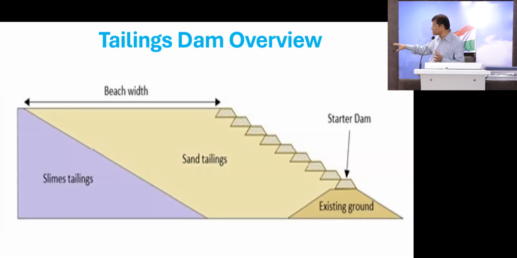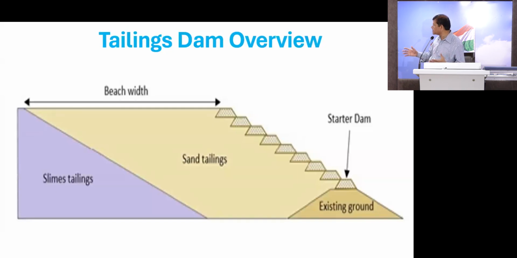So we first build a starter dam, then comes the materials. These are all tailings materials. We normally call them sand tailings or slime tailings. In civil engineering, you have sand, silt, and clay, all kinds of particles.